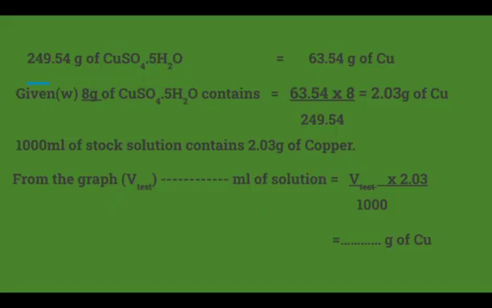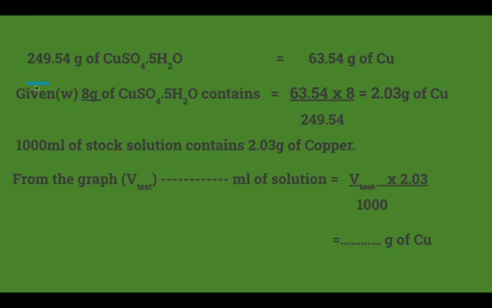So you can calculate the amount of copper that is present. 249.54 gram is the molecular mass of copper sulfate pentahydrate. This much gram of copper sulfate will have 63.54 gram of copper, which is the atomic mass of copper. So in the 249.54 weight of copper sulfate pentahydrate, 63.54 gram of copper is present.